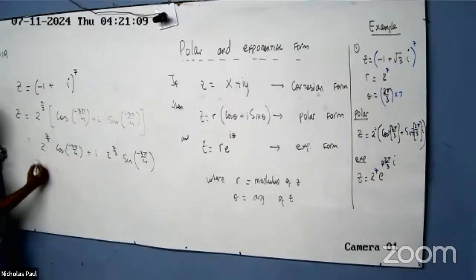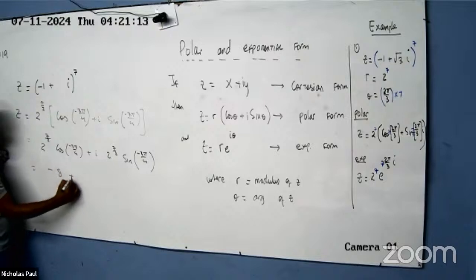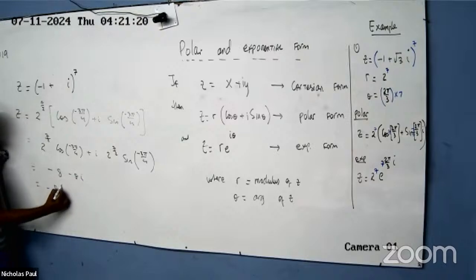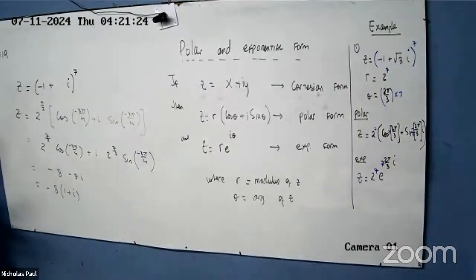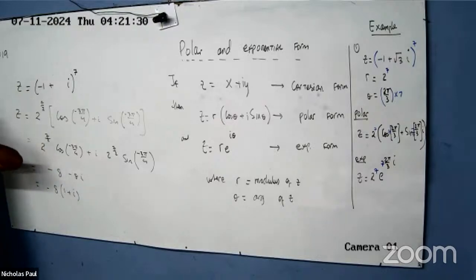When you work it out, you're supposed to get minus 8, minus 8i, and then you factor out the minus 8 and you get it. So this goes straight in the calculator. Check and see if you put 2 to the 7.